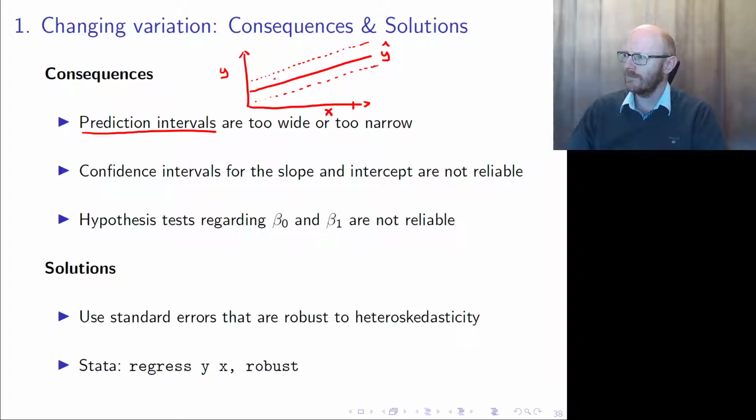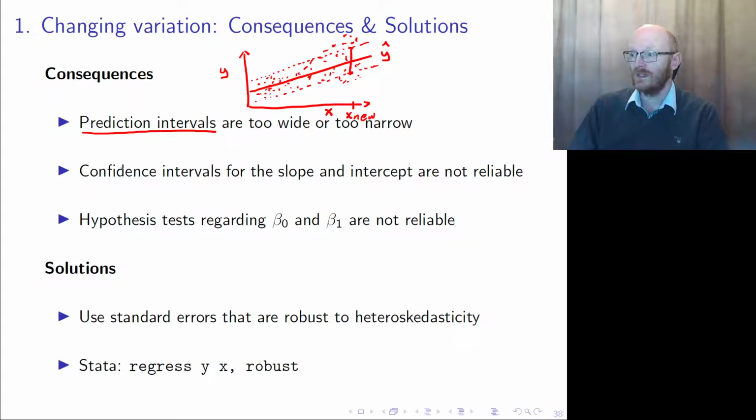And if the data are not very scattered down here, but they are very scattered for large x, then the prediction interval for y given low x is too wide, and the prediction interval for a new x which is high is too narrow.